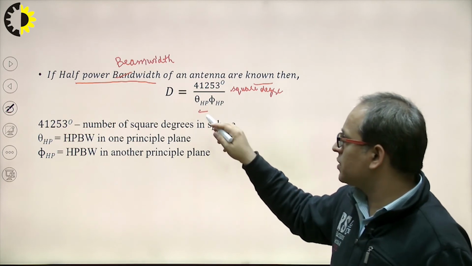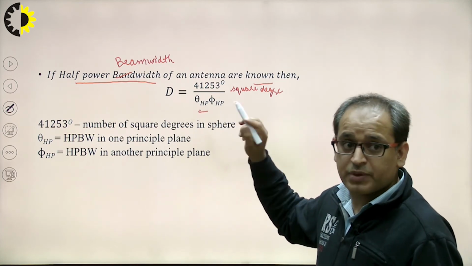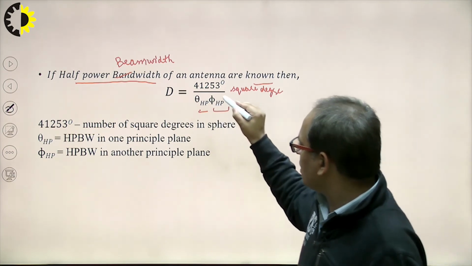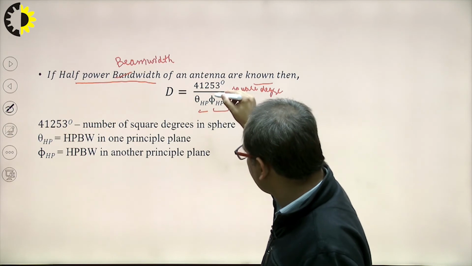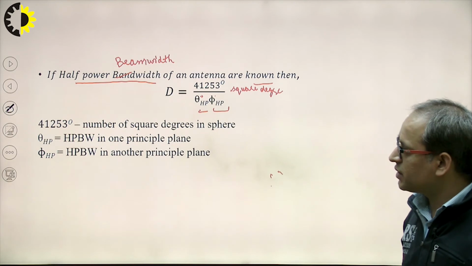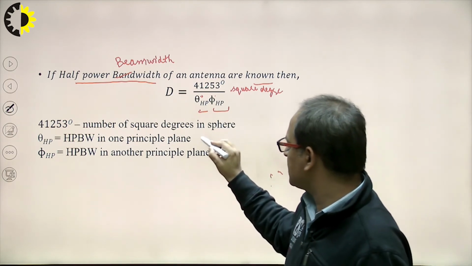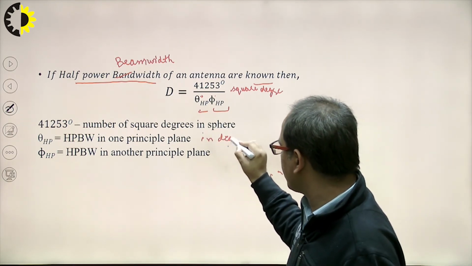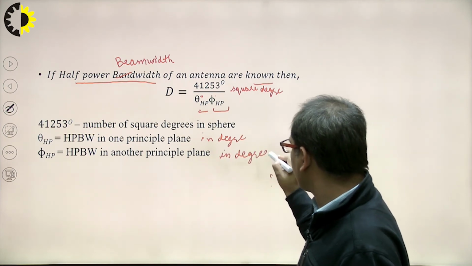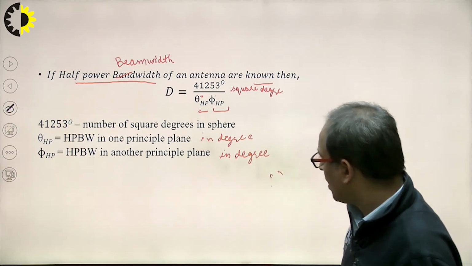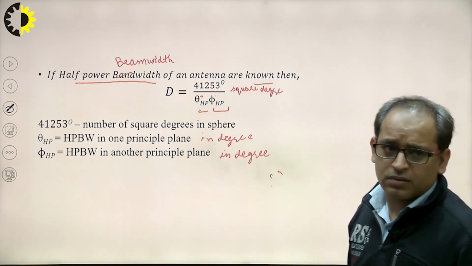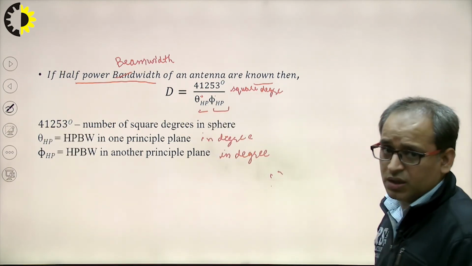Half power beam width in one principal plane multiplied by half power beam width in another principal plane, and both have the unit of degree. Okay, means the unit is in degree, and this is also in degree. Clear? And this 41253 which I have already told you, that is 1 radian something, I have already told you in the last lecture.